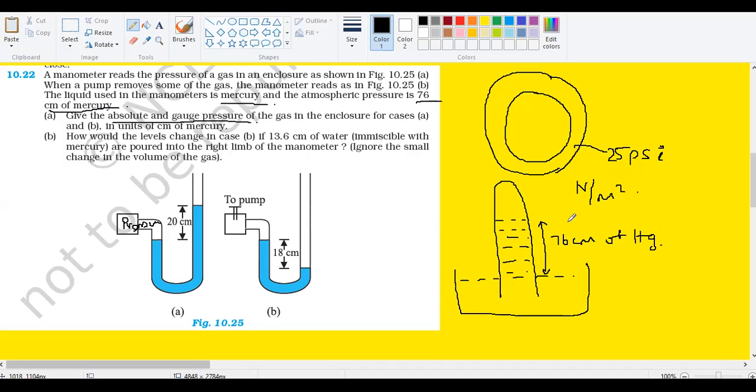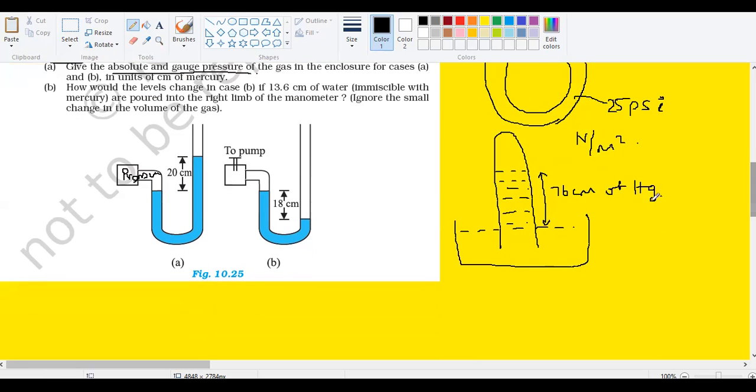So sometimes we are allowed to talk in terms of mercury height. So what does that mean? Suppose I say there is a pressure of 100 centimeter of mercury, what does that mean? It means the pressure is produced by the liquid column of 100 centimeter. So that means rho GH. Rho is 13,600. By this time, you should know these numbers.